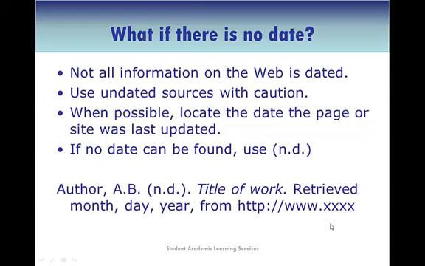But if the source seems otherwise good, and maybe you even get your professor's approval to go ahead with it, if there is no date, then you put N period, D period. So rather than just leaving it out, which actually makes you look careless, you put ND, and that indicates to your reader, I looked, there is no date. I couldn't find a date. Okay, so that's still following APA format, author always first, date second, but if there is no date, you're going to put ND.